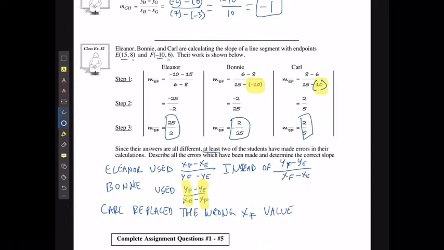Because he forgot to use the brackets, he put the wrong number in there. So all 3 of them actually were wrong.